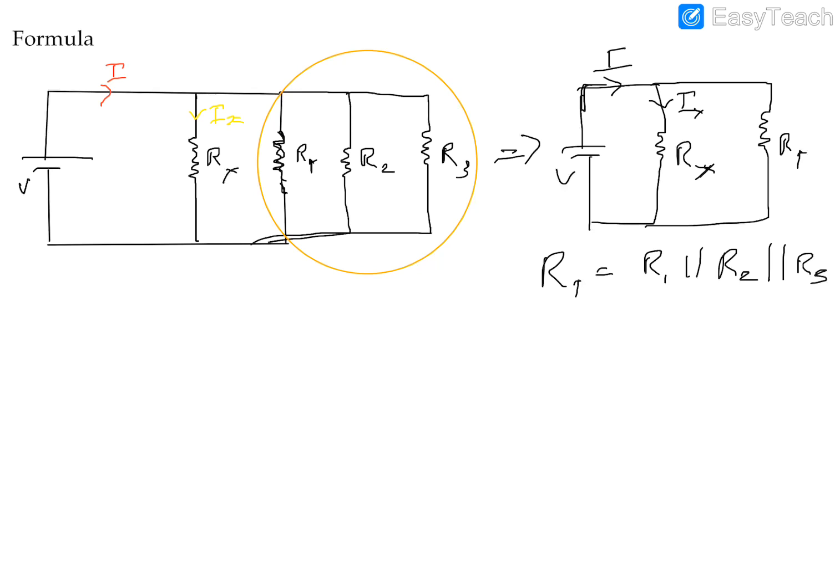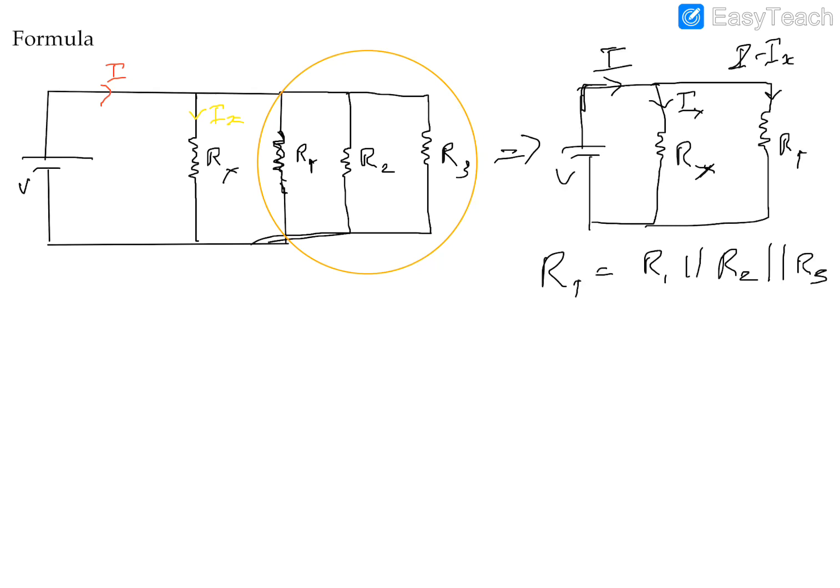And any guesses on what current is going to be flowing here? We had main current I, and some part of it went through Rx, which we call Ix. So that is one branch current that's already subtracted from our main current. So of course this is going to be I minus Ix. It's that simple.